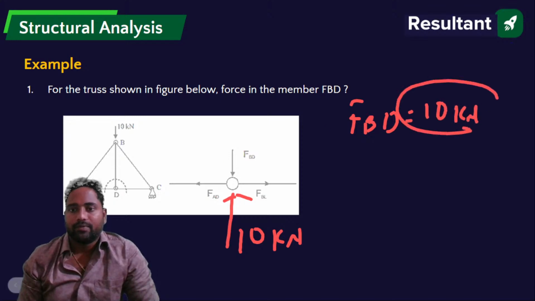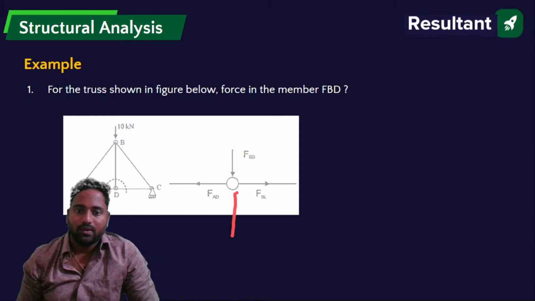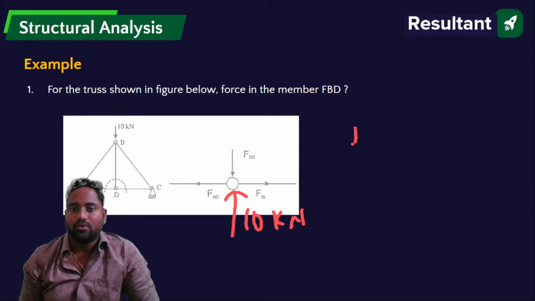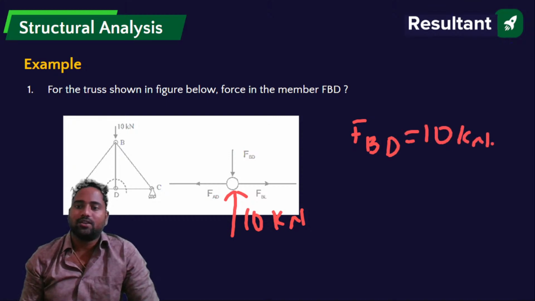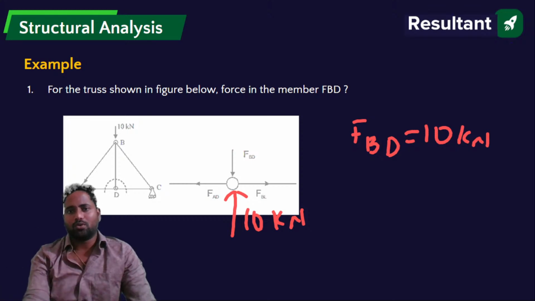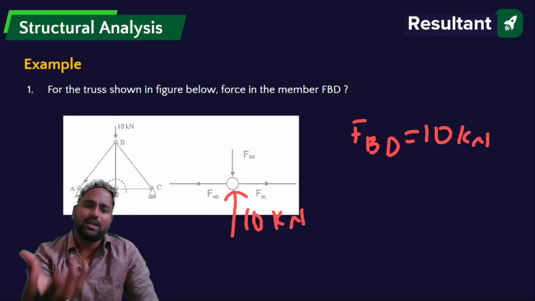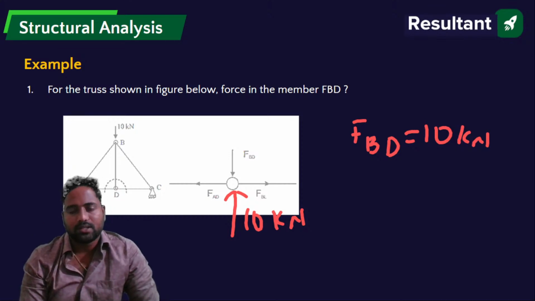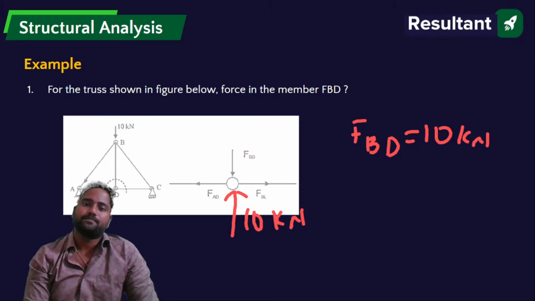If there is no force, then it is okay. If there is some force, you directly have to say that it is 10. You don't have to solve. Three members are meeting, two are collinear, then force in the third member is 10, 20, 30 kilonewtons, whatever is given to you.